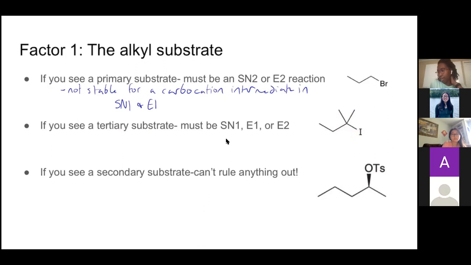So that's why we see all of these other reactions, literally the SN1, the E1, and the E2 on tertiary substrates, but we can rule out SN2 if we see a tertiary substrate. This is super great for having a carbocation because tertiary carbocations are the most stable. However, not so great for an SN2 reaction due to steric hindrance.